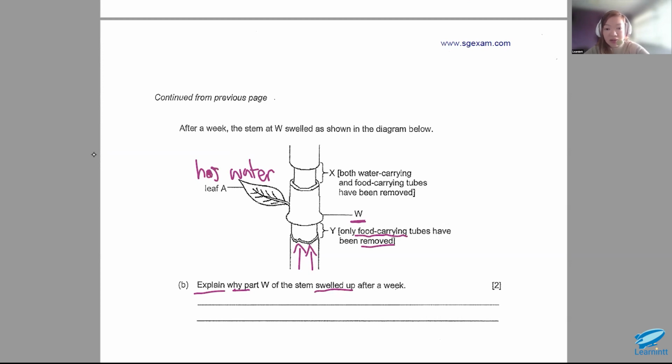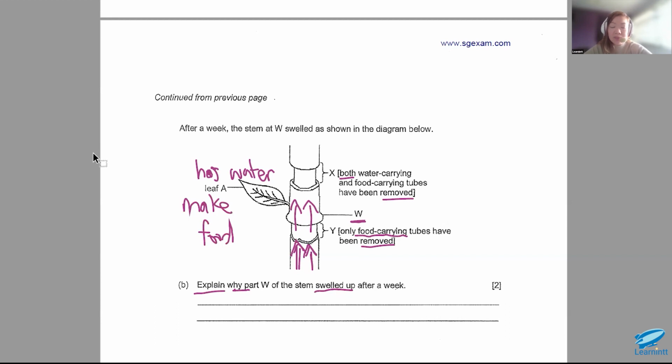Then X is all the tubes are removed. So let's see what's going on. We have water moving up, being transported to the leaf. So it has water, it has light, it has carbon dioxide, it can photosynthesize, so it can make food.